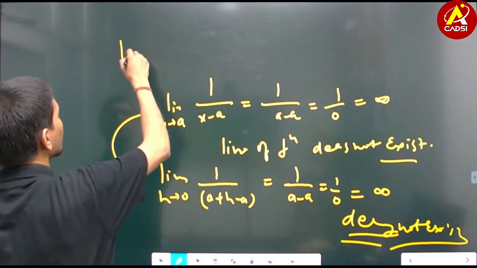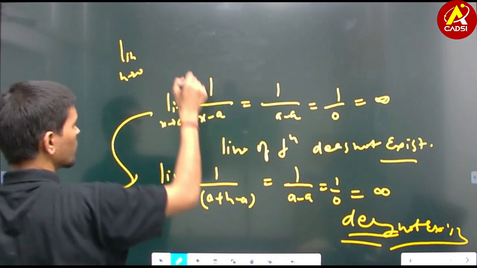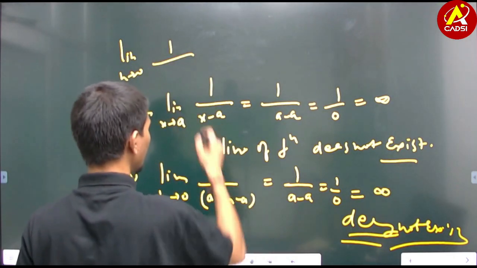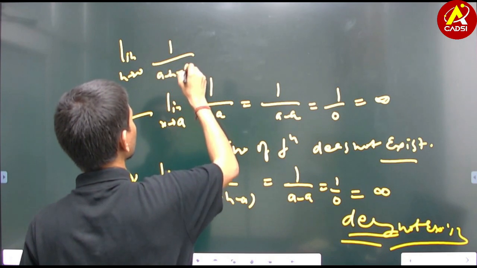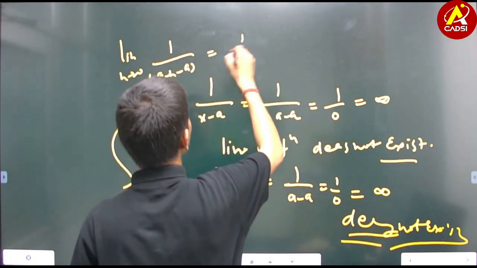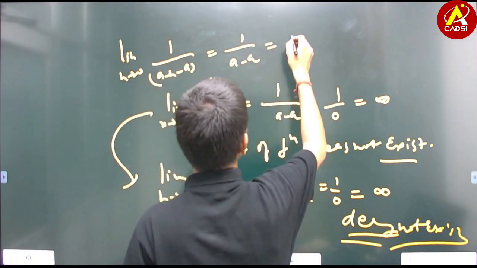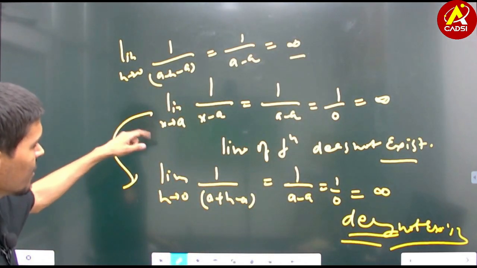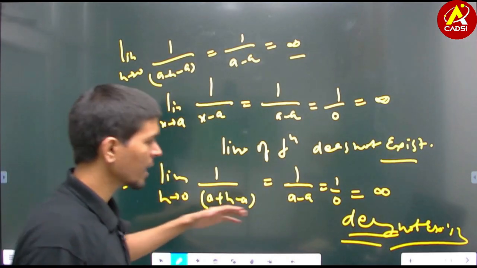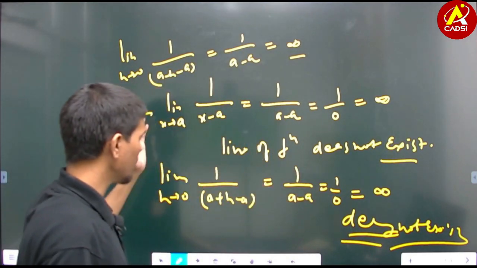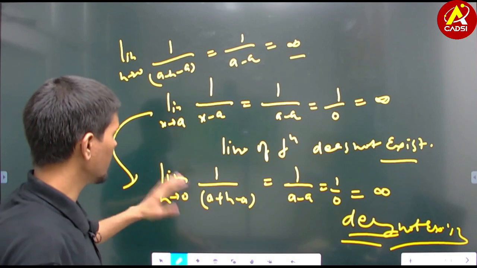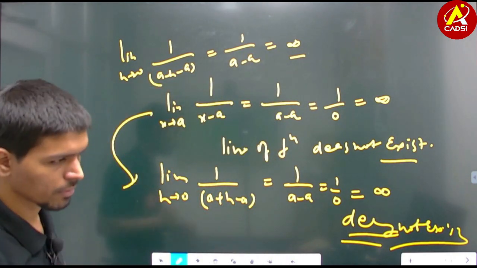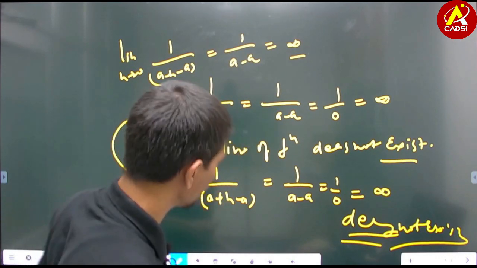And again, for h tending to 0, 1 upon (a minus h minus a) equals 1 upon 0, infinity. So we can say that the left hand and right hand limits of this function do not exist, so the limit of the function doesn't exist at x equals a.